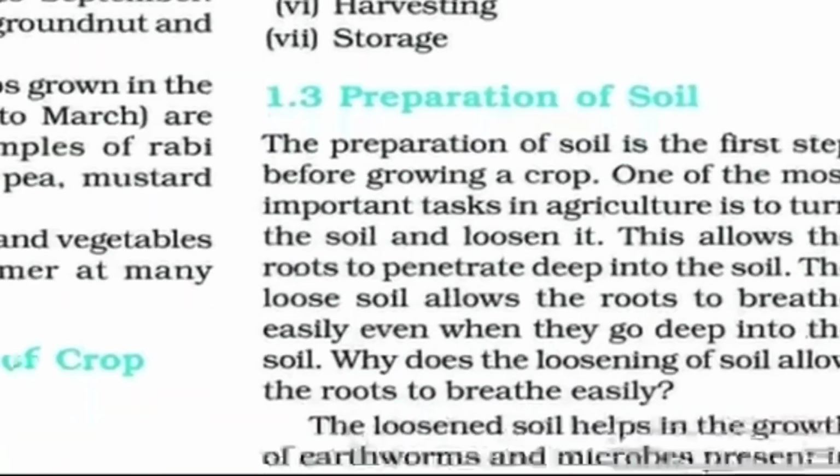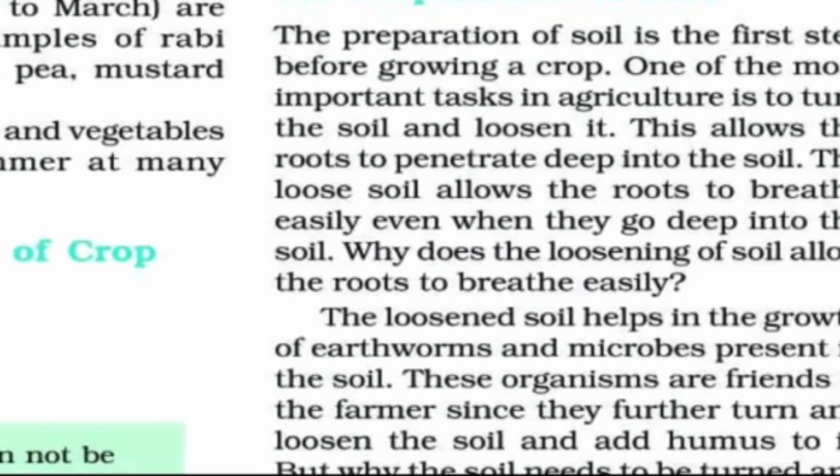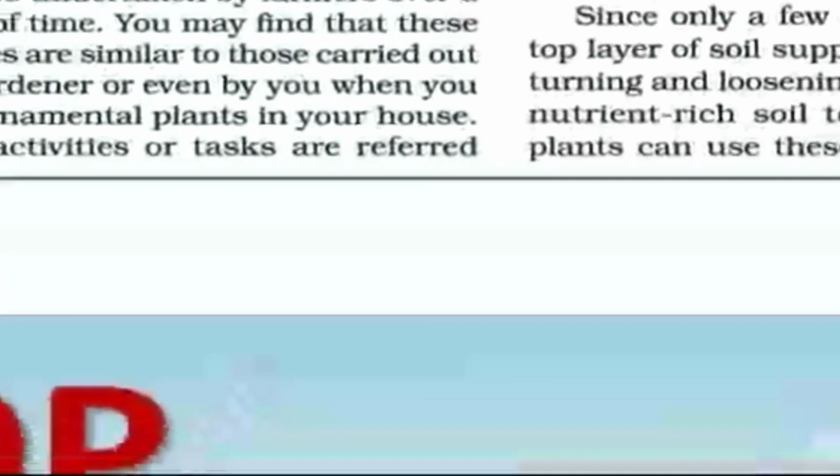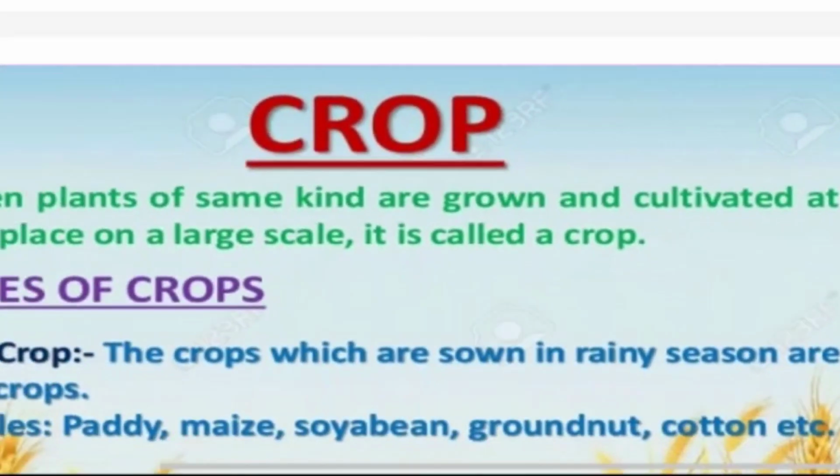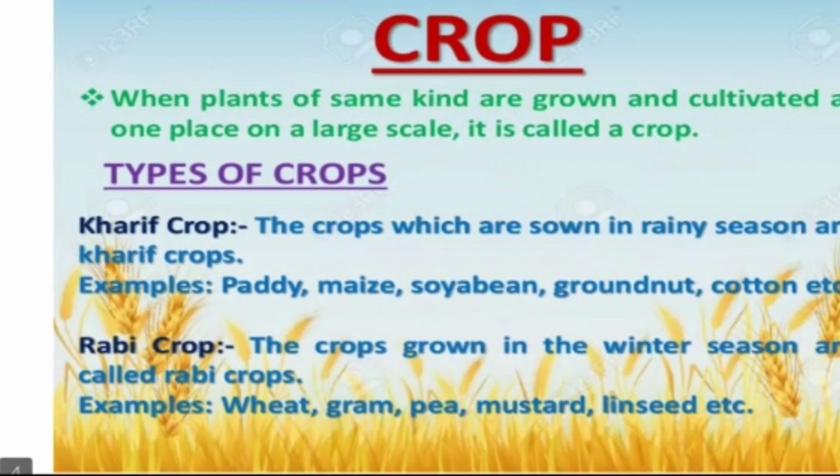Firstly, moving on to the preparation of the soil. I'll move on to the next slide. For a quick recap, crop: when plants of the same kind are grown and cultivated at one place on a large scale, it is called a crop. Types of crops: we have Kharif crops and Rabi crops. Kharif crops are sown in the rainy season: paddy, maize, soya bean, groundnut, coconut.